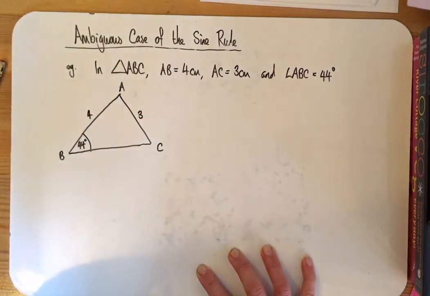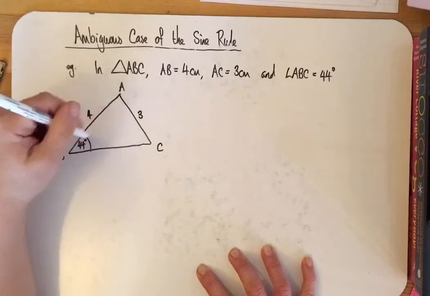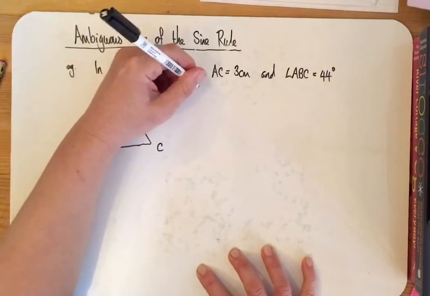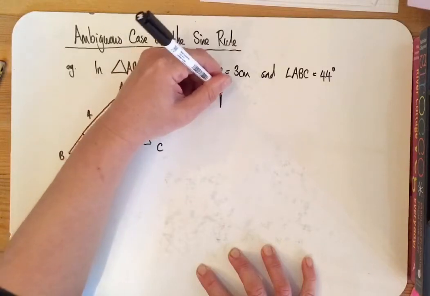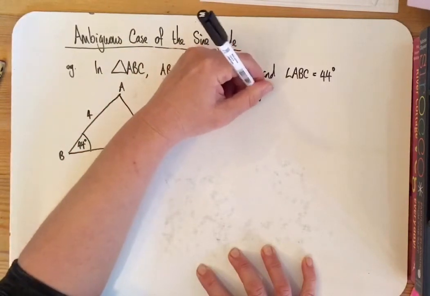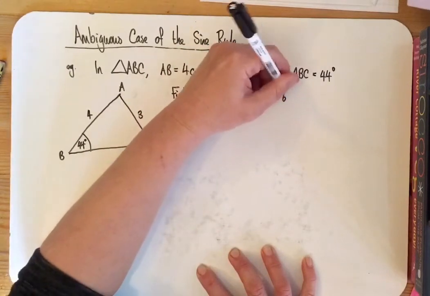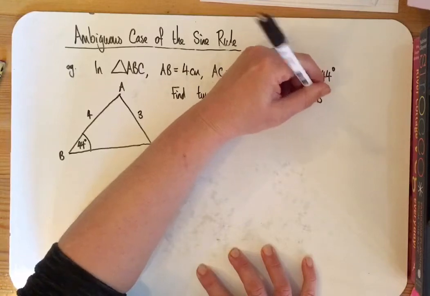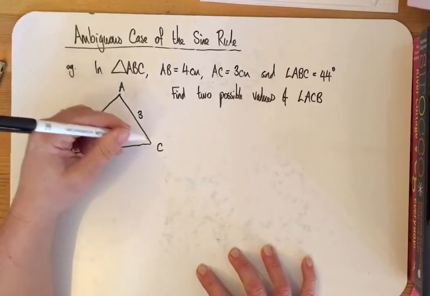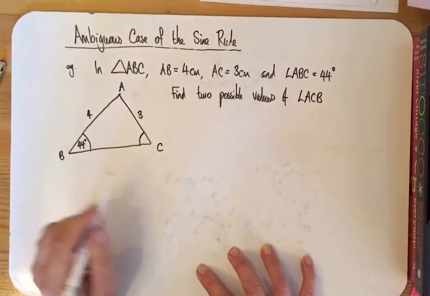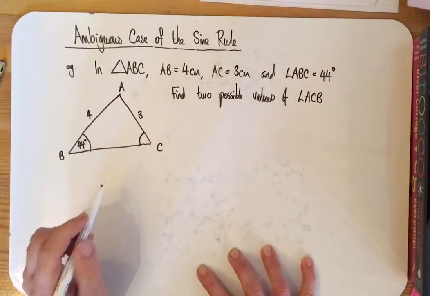And we want two possible values of angle ACB. So angle ACB is this angle sitting in here. So this is the natural way to draw it.